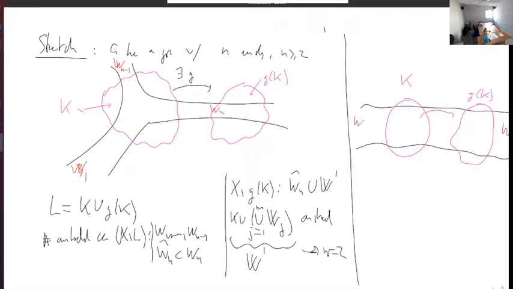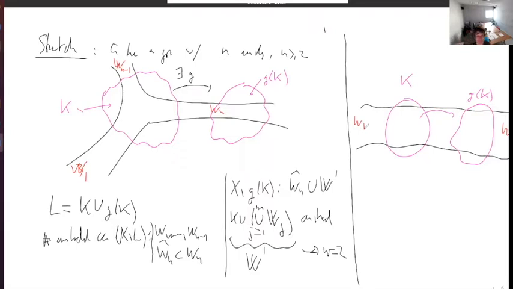And here I have just W1. Okay? And now I would just like to, so I'm already out of time, but I would just like to give a sketch of why my group G has a finite index subgroup that is cyclic.